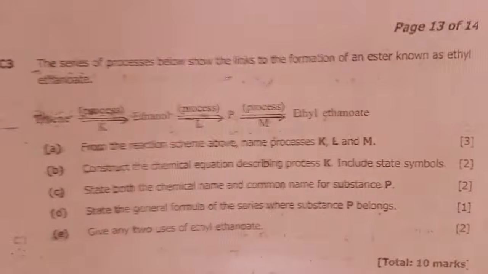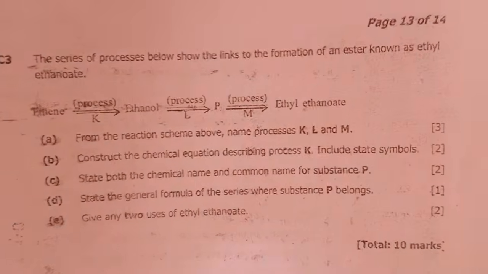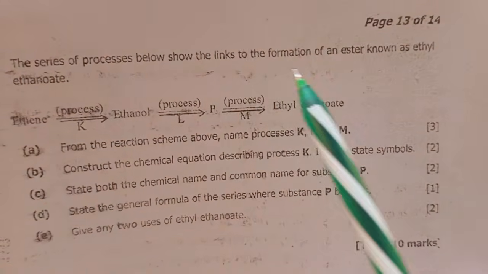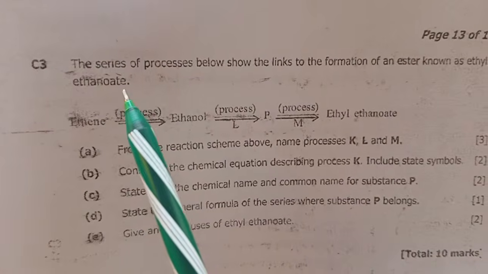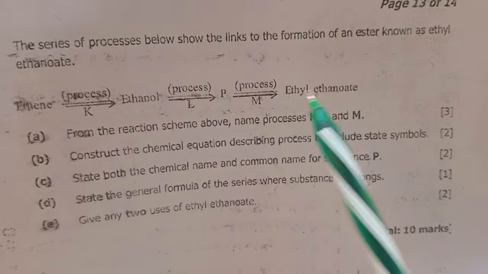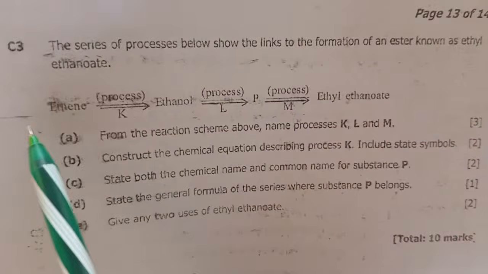So we get started. The question says, the series of processes below show the link to the formation of an ester known as ethyl ethanoate. So this whole process leads to the formation of an ester. But look at what it starts with.